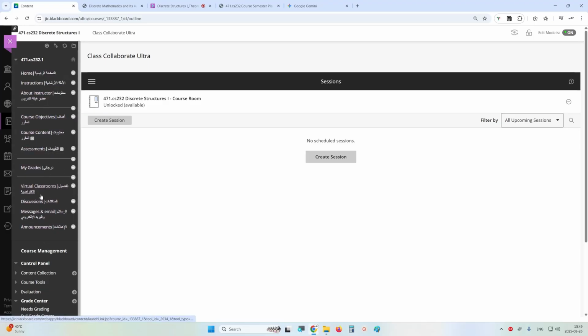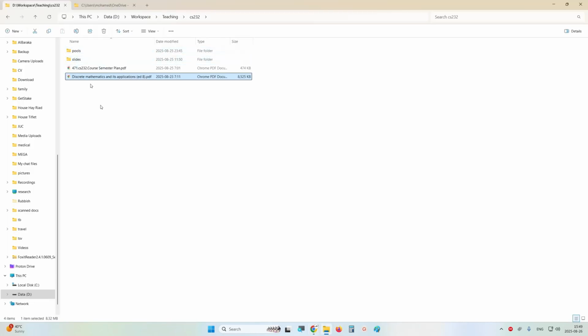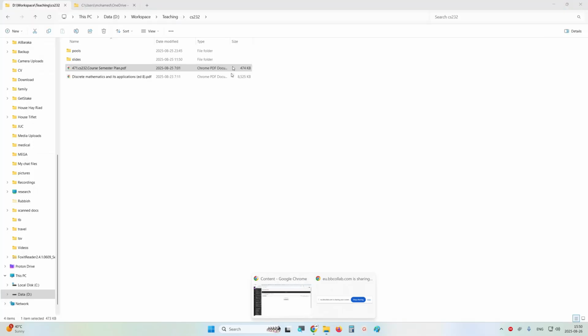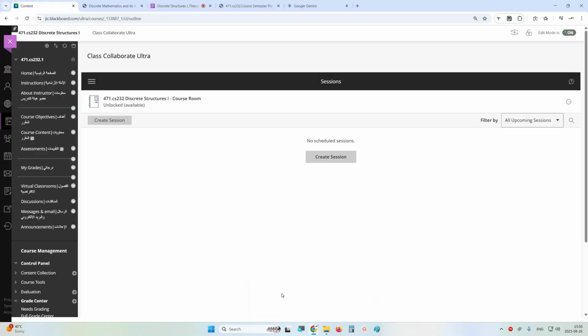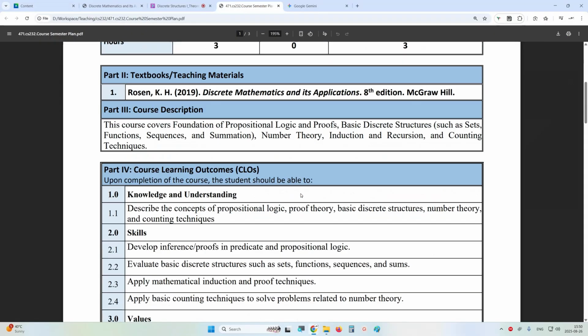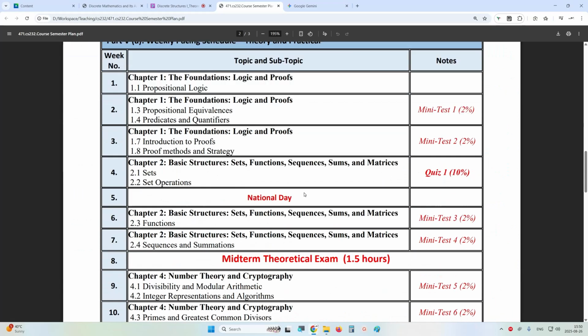You'll have somewhere here all the files, the slides, and if I can share the book, I'll do that as well, plus the course semester plan. The plan is something we're going to try to follow as closely as possible. So this is the plan for the semester. We'll get back to that, inshallah.